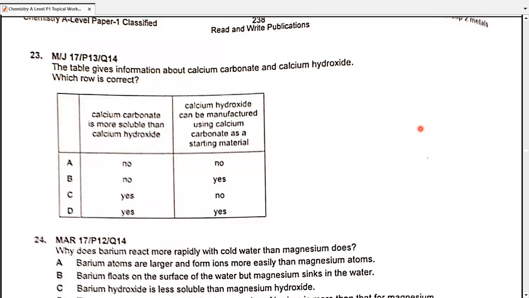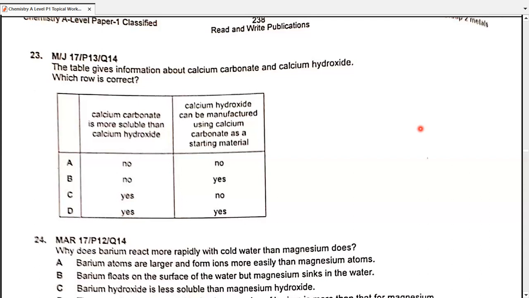The table gives information about calcium carbonate and calcium hydroxide. Which is correct? Calcium carbonate is more soluble than calcium hydroxide. Calcium hydroxide can be manufactured using calcium carbonate as a starting material. I think yes.